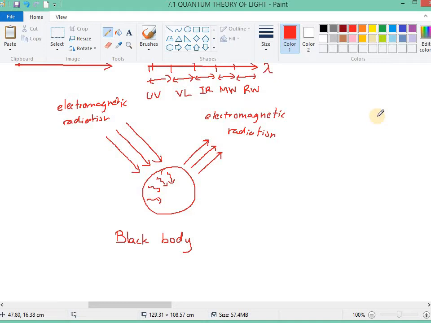So he suggests this black body, and people will study what will happen to the electromagnetic radiation that is emitted if we have an ideal object that is a perfect absorber of electromagnetic radiation and also a perfect emitter of electromagnetic radiation.